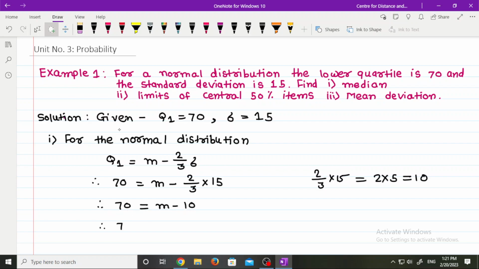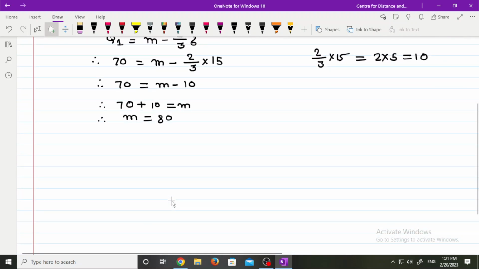Therefore, putting minus 10 from RHS to LHS, it becomes plus 10, so m is equal to 70 plus 10, which is equal to 80. M is equal to 80.